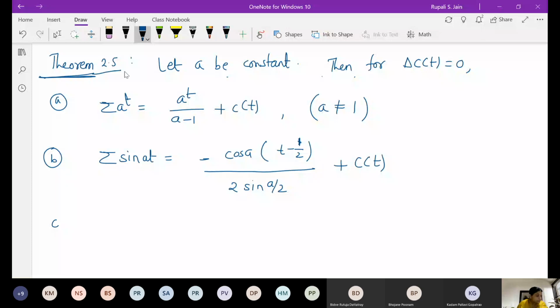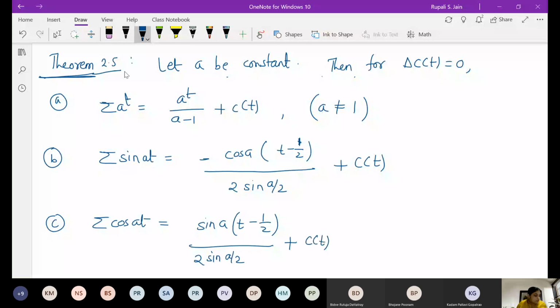C, summation cos a t is nothing but sin a t minus half divided by 2 sin a by 2 plus C of t. Here a is not equal to 2 pi. Otherwise it will be 0.